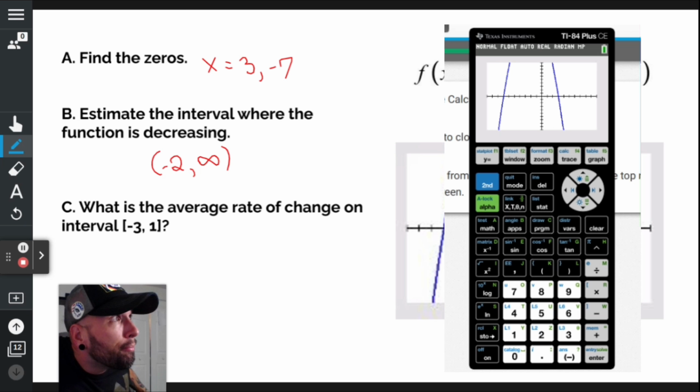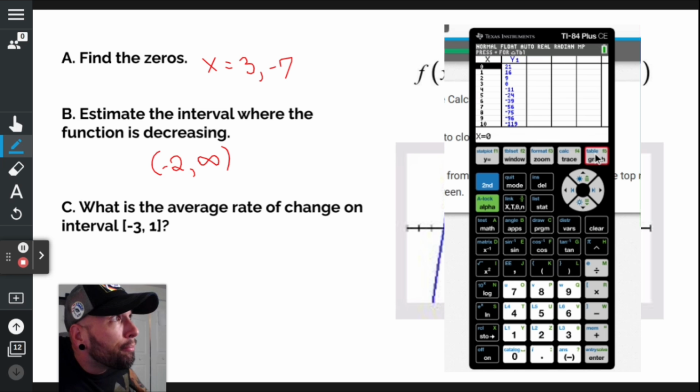Here's an issue though. If I'm trying to find where action happens in between -3 and 1, I have no clue what's happening at -3 because it's way off screen. I need to find what's going on when I plug in -3. So here's an option. If I go to second table, I can find out what's going on when x is -3. Right now, I can't see it.